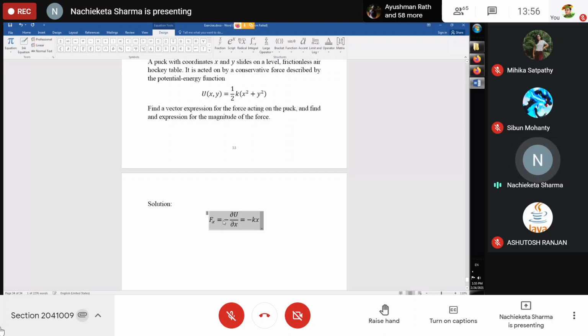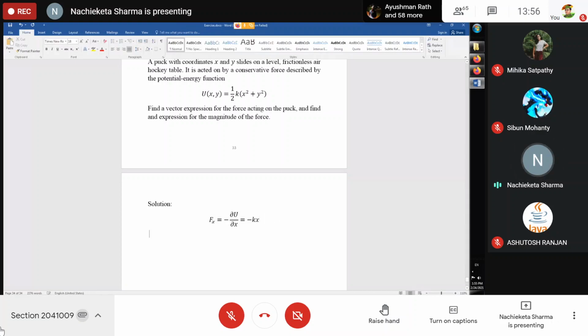Similarly, I can find out my y component of the force. So fy is equal to minus del u by del y, and that will be minus ky. So I got my minus kx and I got my minus ky. Now I will find out the total force, the vector summation.